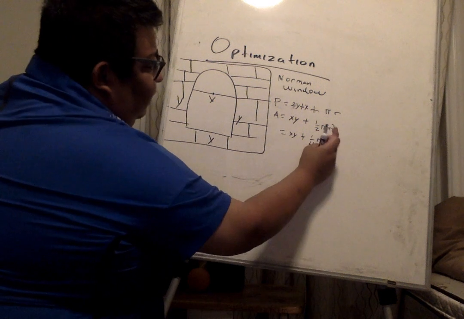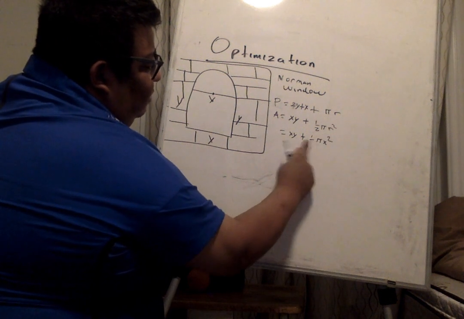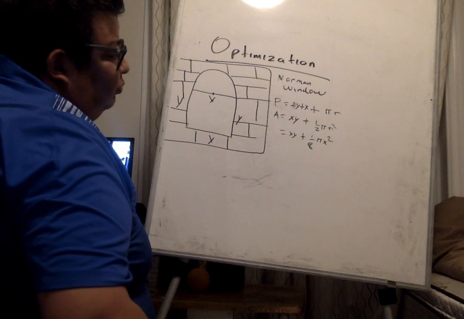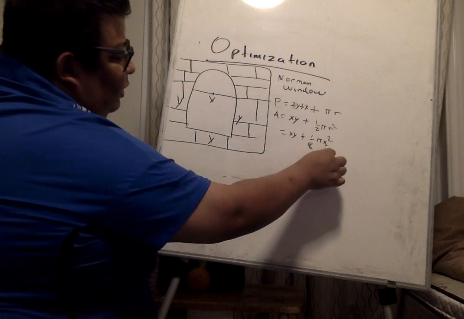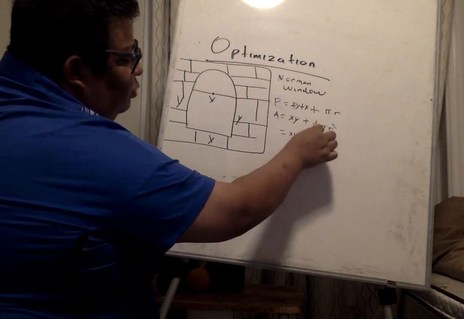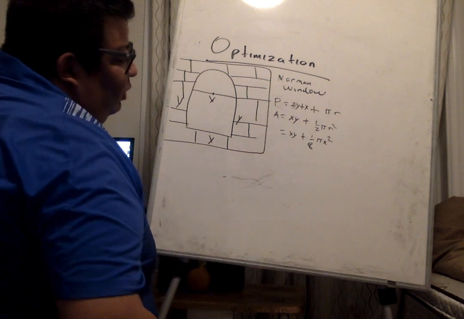But when you multiply by 1/2 x, this becomes 1/8 actually, because 1/2 times 1/2 is 1/4, and 1/4 times 1/2 gives you 1/8.